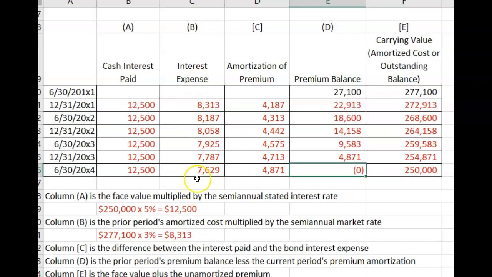So it originally calculated at $7,646 minus $17 equals bond interest expense in the last payment of $7,629. That makes the premium balance 0. And at the end of the bond's period, the carrying value, amortized cost, or outstanding balance of the bond is $250,000.